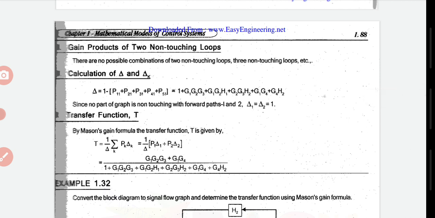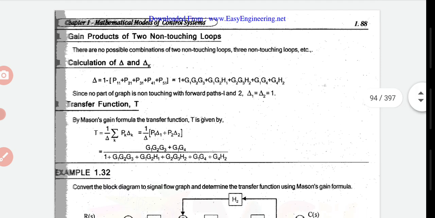Now you have to calculate the delta and delta k. What is the formula for delta? Delta is equal to 1 minus the sum of all the individual loop gains plus the sum of products of all the 2 non-touching loops minus and so on. That is the formula. Now we have no 2 non-touching loops, so delta is equal to 1 minus the sum of all the individual gains, P11, P21, P31, P41 and P51.